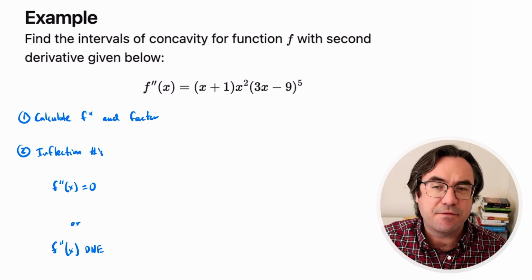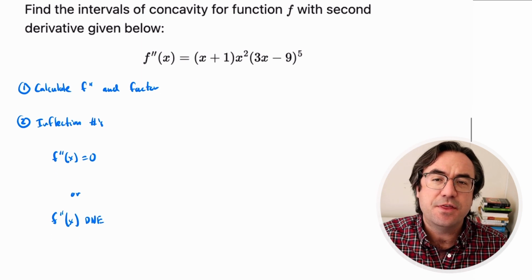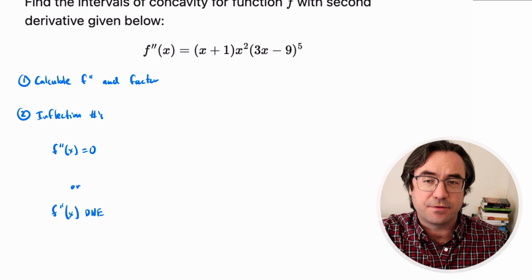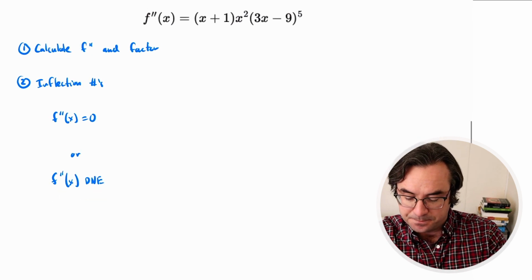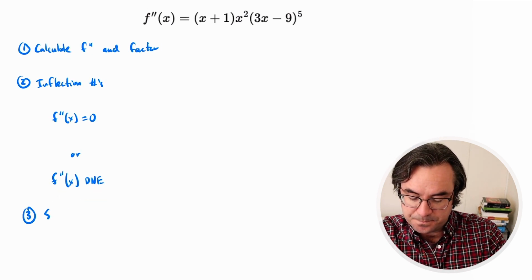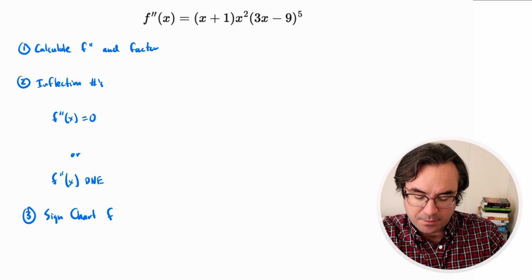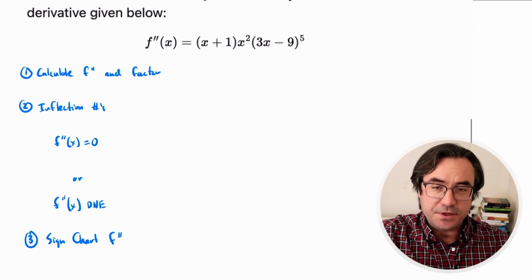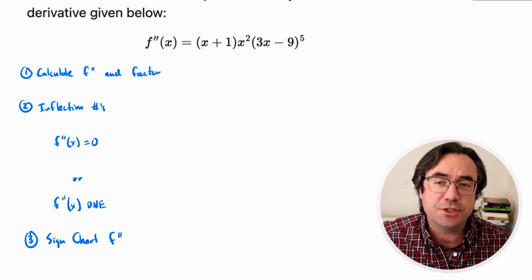Then once we have those inflection numbers, we do our sign chart for f double prime, and this is ultimately going to give us our intervals of concavity. All right, so this is our general strategy.